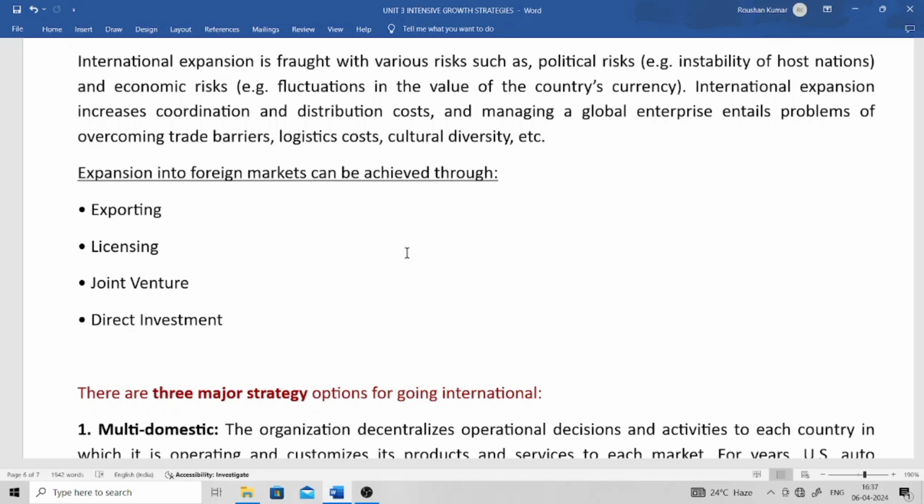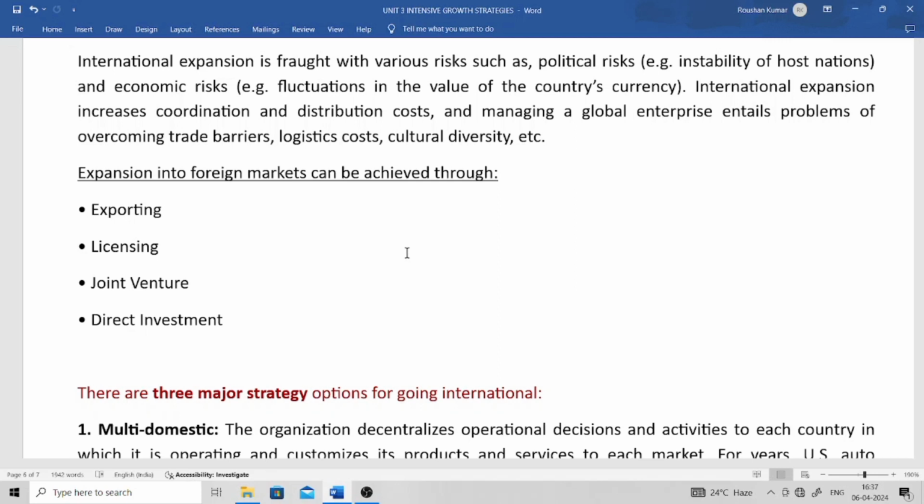There are three major strategy options for going international. The first is multi-domestic. The organization decentralizes operational decisions and activities to each country in which it is operating and customizes its products and services to each market. For example, for years US auto manufacturers maintained decentralized overseas units that produced cars adapted to different countries and regions.